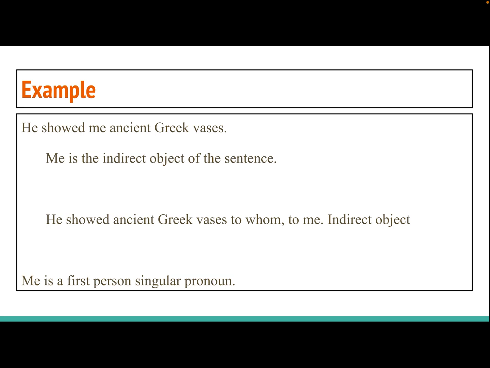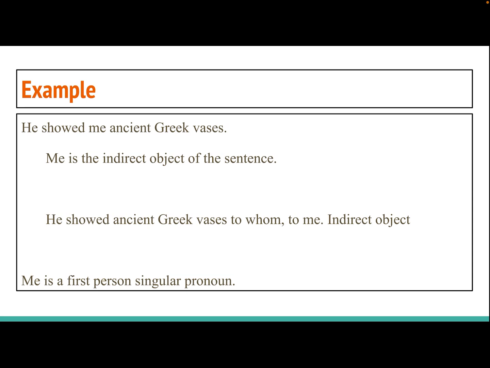He is an example of a pronoun as the subject. He is who the sentence is about. So he is not the pronoun that we're looking for in this sentence.